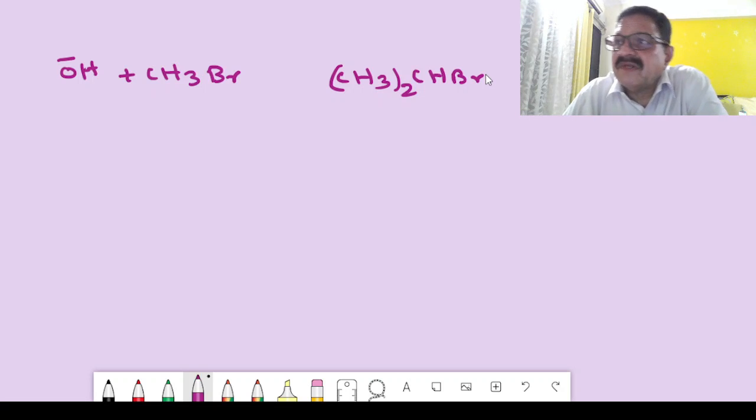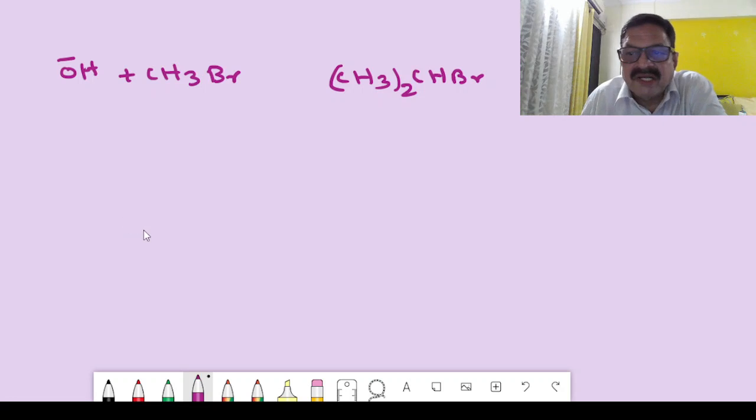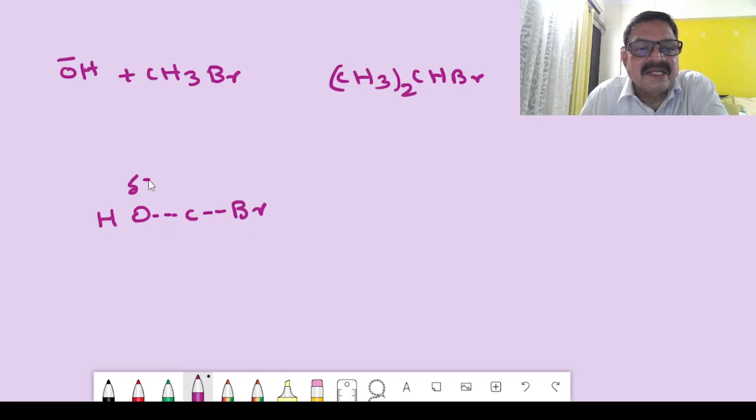The transition state of each Sn2 reaction will consist of five groups. We know that. So I will just draw it here, then it will be very clear for you. There is a partial negative charge here and here.